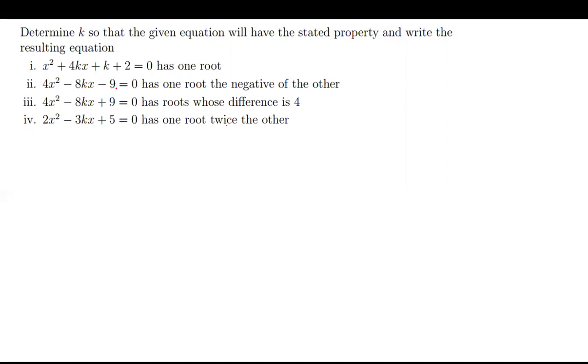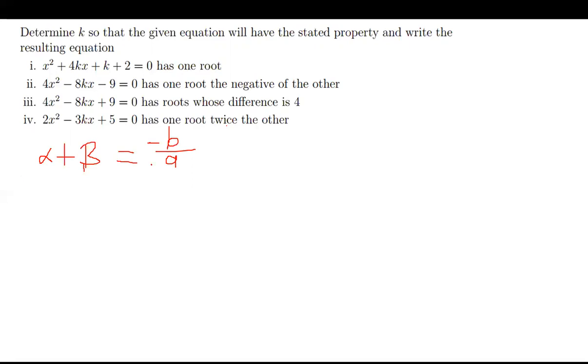Oh, sorry. The question I'm solving, we just found the values of alpha, and we didn't find the value of k. So now to find the value of k, you use alpha plus beta. So alpha plus beta, we know, is negative b over a.